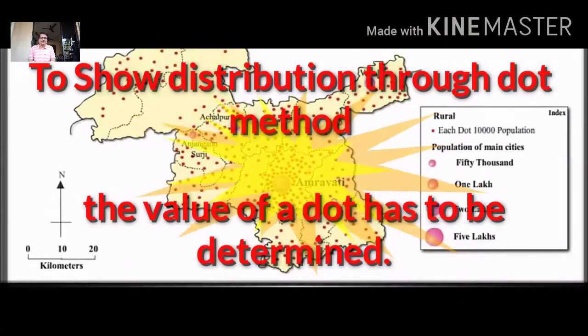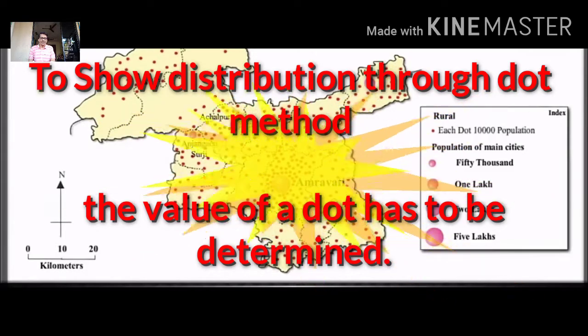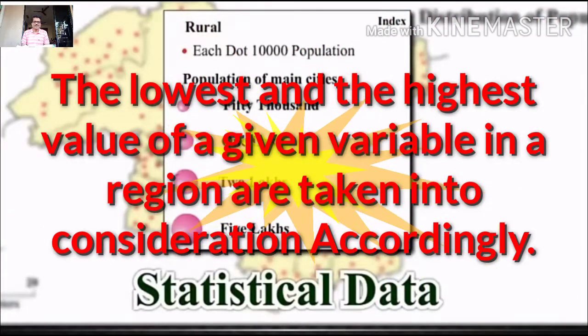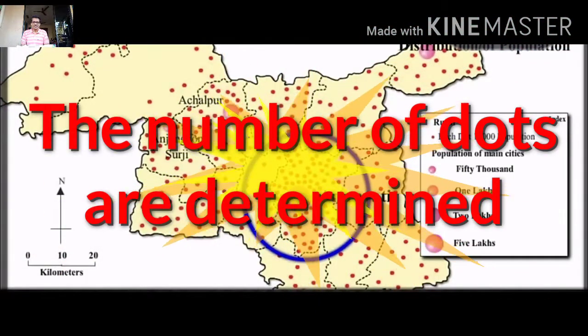To show distribution through the dot method, the value of a dot has to be determined. The lowest and the highest value of a given variable in a region are taken into consideration. Accordingly, the number of dots are determined.